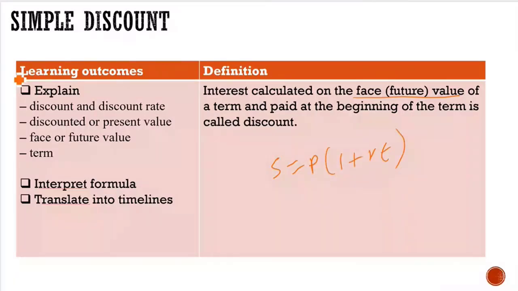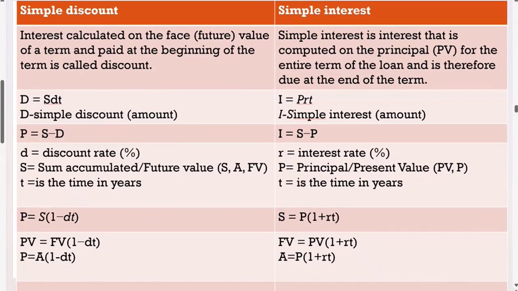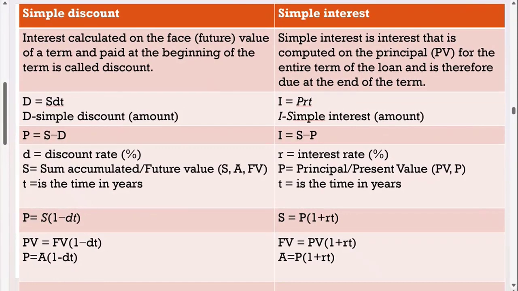Simple interest is when it's calculated on the present value. With this one, it's the other way around. So you need to put these two against each other. Here are the formulas. For revision, make sure you've got these two formulas against each other so that you don't make any error.